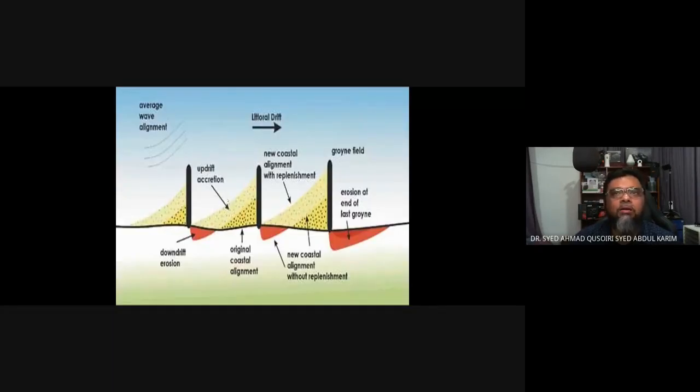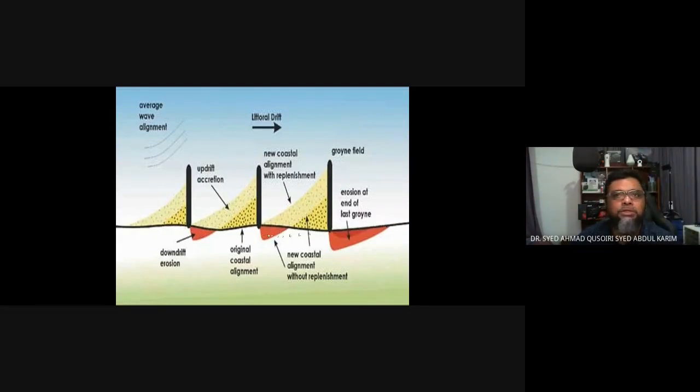Okay, so this is how the groins will entrap sediment, okay, to its base. So if you see this black line as the coast where the water meets the sea, ni pandangan atas, top view.